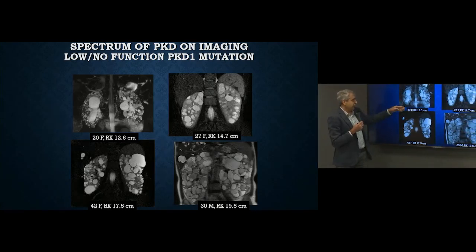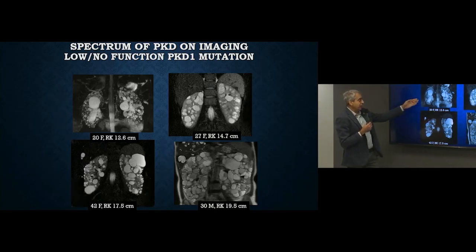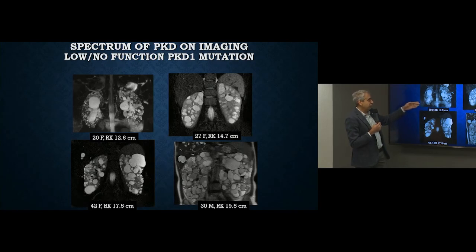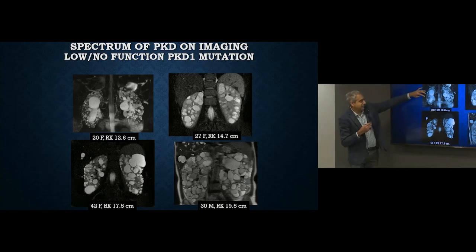Here, a 20-year-old female, this is a 12.5 centimeter kidney, just a little bit larger than what we tend to see in women at that age. But sometimes patients can be very tall, so this is borderline in terms of size. You can see all sorts of little cysts in there, some larger cysts, and black spaces in between the cysts, which is going to be mostly functioning parenchyma.